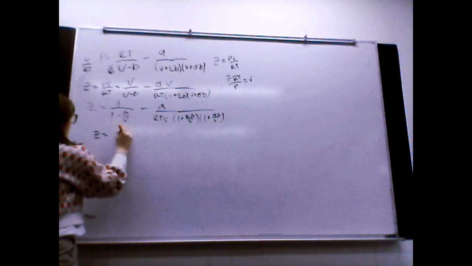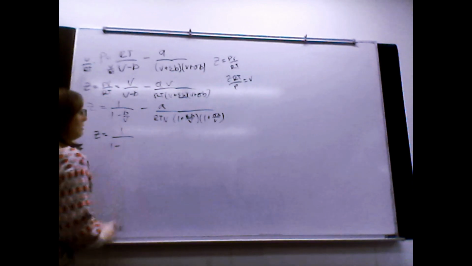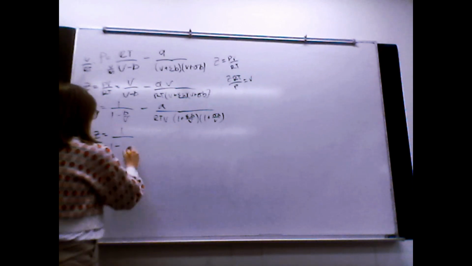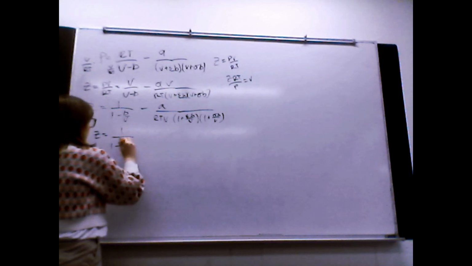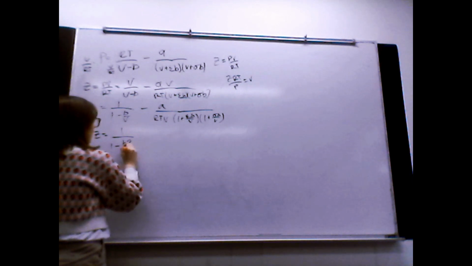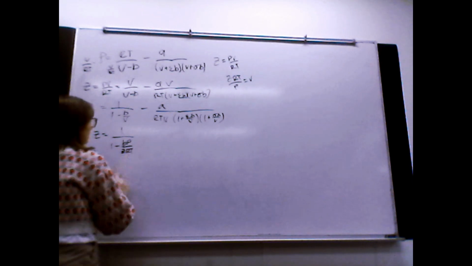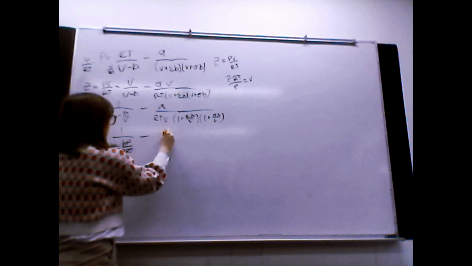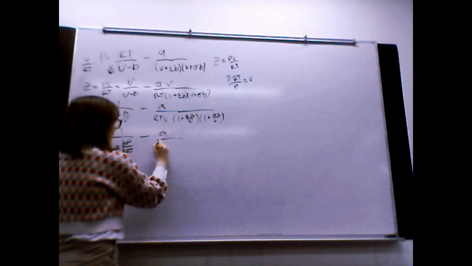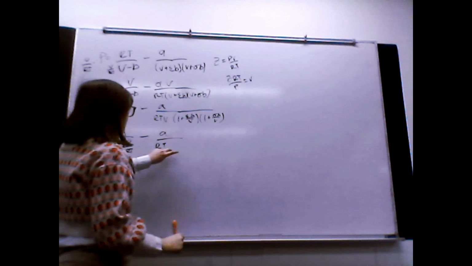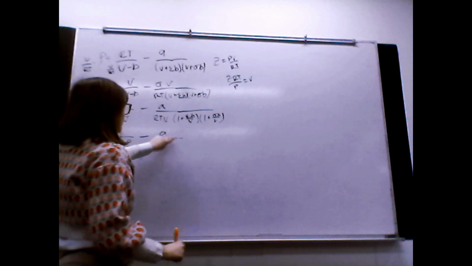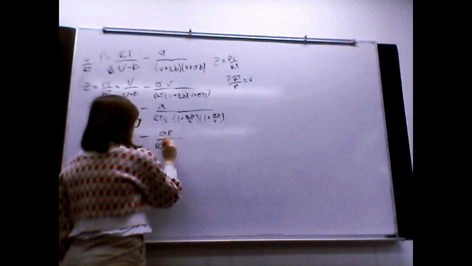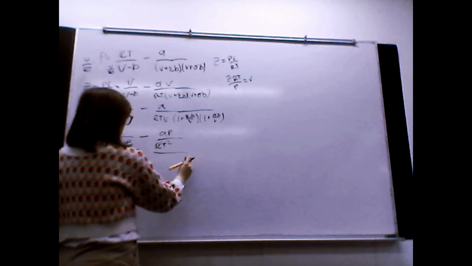So Z equals 1 over 1 minus B. Okay, since V is in the bottom, we're going to flip it to the top, so it's B over P over ZRT. Okay, and now let's do it over here. So A over RT, and then this one is going to be flipped up to the top, so that's P, and then RT is going to be at the bottom, so that's going to be squared. Keep that in the bottom.